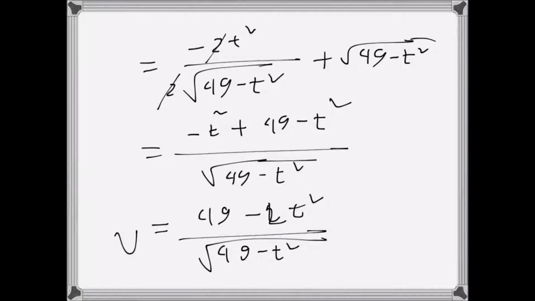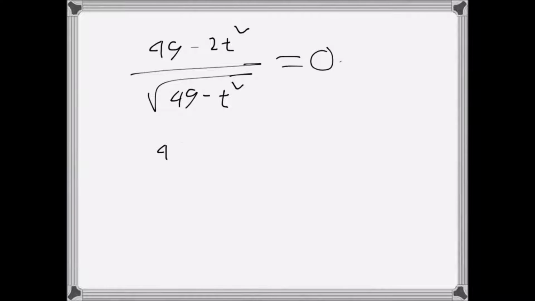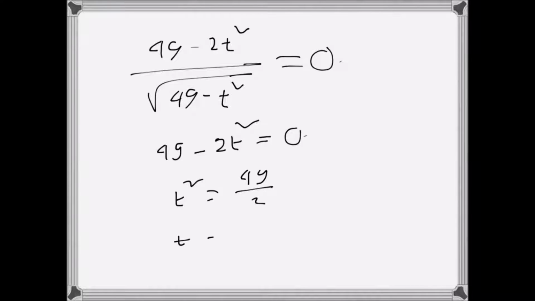So we have to find when the particle comes to rest, that is, when velocity becomes 0. So we equate this whole term to 0: 49 minus 2t squared over 49 minus t squared equals 0, that is 49 minus 2t squared is 0, so t squared is 49 over 2, so t is 7 over root 2.